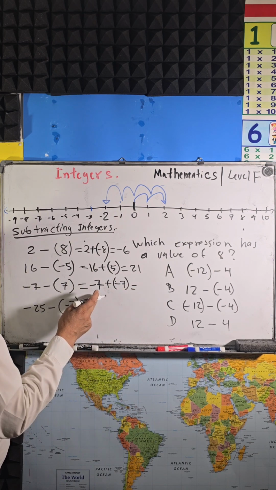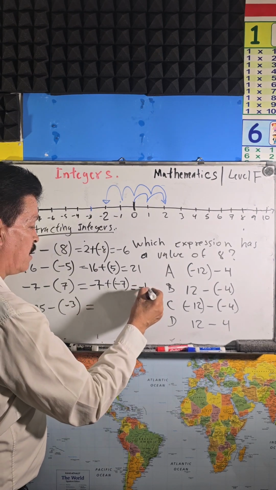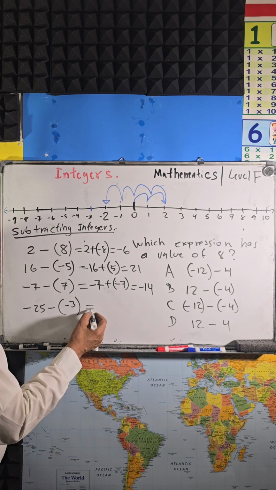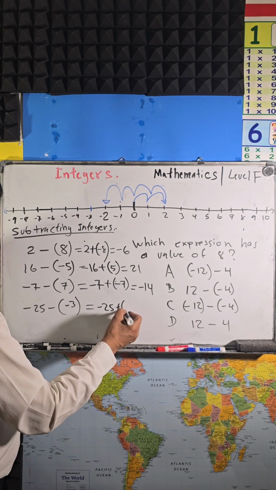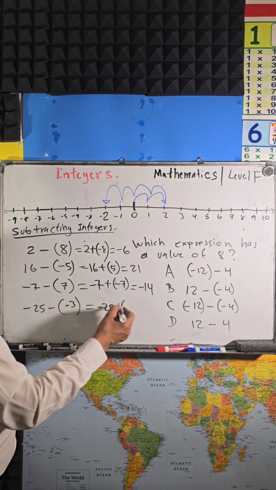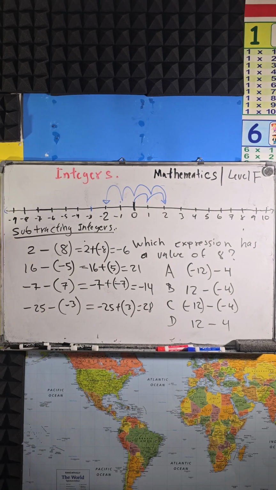So negative 7 plus negative 7 is negative 14, right? Here, negative 25 plus the opposite of 3, is a 3. So it equals 28. See?